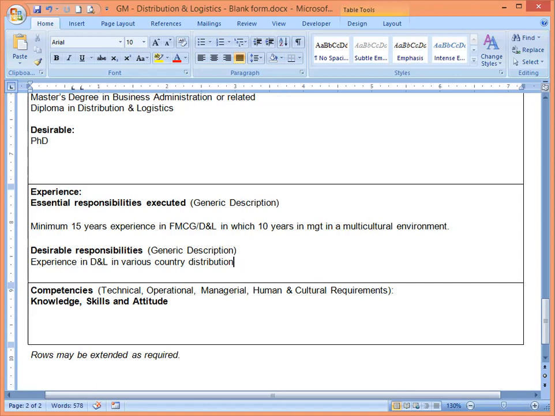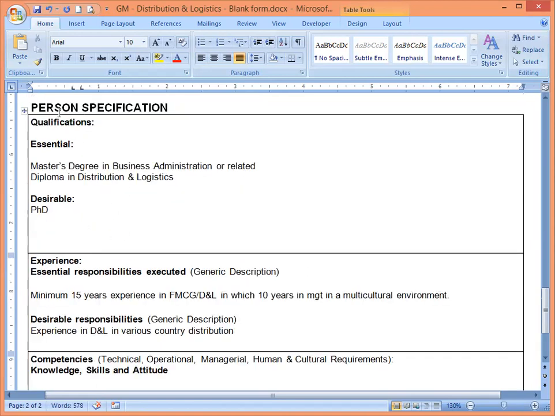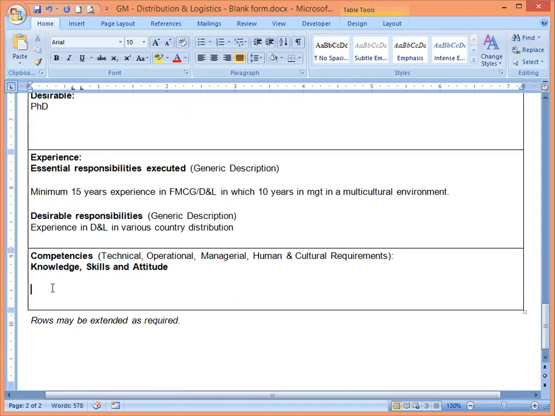That would be our qualification and experience. This area is what you call person specification. The next one is the competencies.